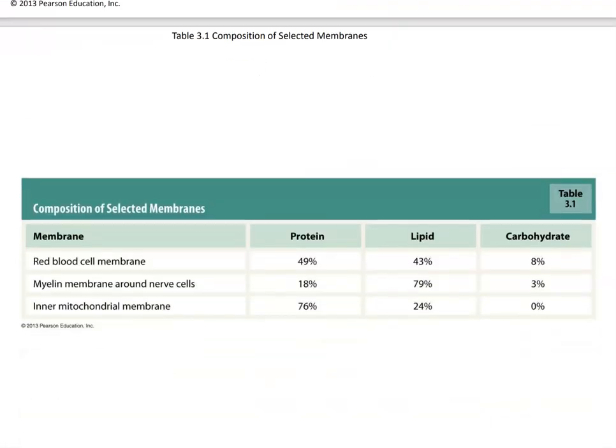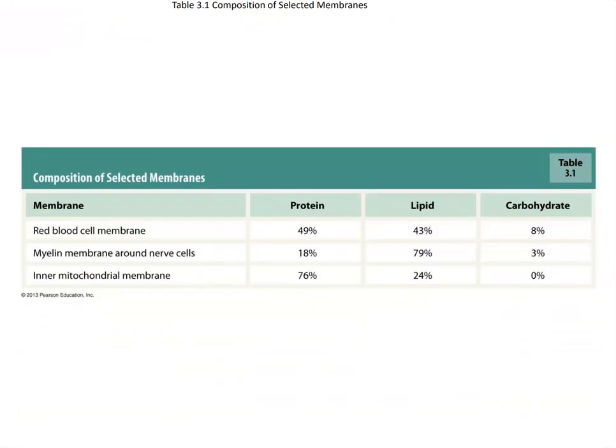So we can take a look at some profiles of a variety of membranes. They are pretty much all phospholipids embedded with a variety of proteins. So you have various amounts of lipid depending on how much protein is stuck in that membrane for communication. If you take a look at a red blood cell membrane, you will find there's a lot of protein, but still you have quite a bit of lipid as well.